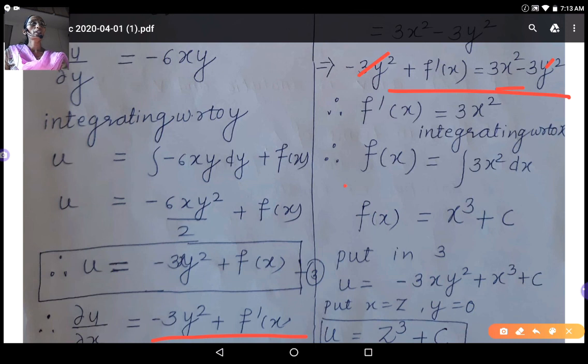Naturally, by integrating you will get f of x is equal to the integration of this, and the integration will be x cube plus c. Now you got the value of f of x. You will be putting it in the value of u. So the value of u is minus 3xy square plus this f of x, which is x cube plus c.